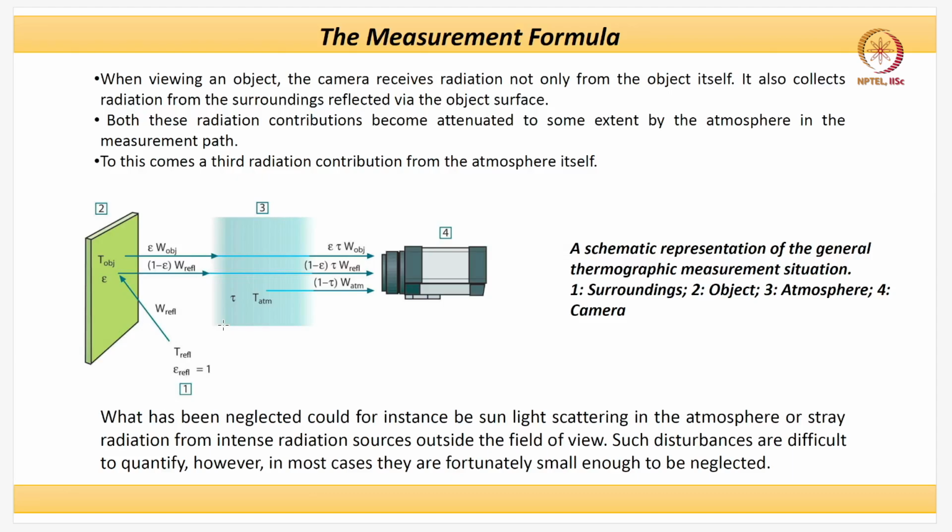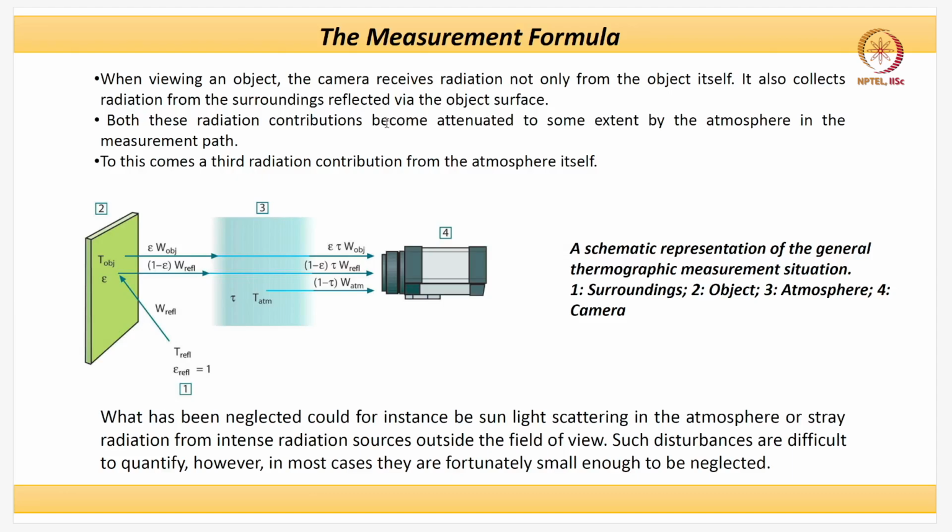So when you are looking at an object with a camera, 1 is the surroundings, 2 is the object of interest, 3 is the atmosphere, and 4 is the camera. So when you view an object, the camera receives not only the radiation from the object itself, but also radiation from the surroundings reflected via the object surface.